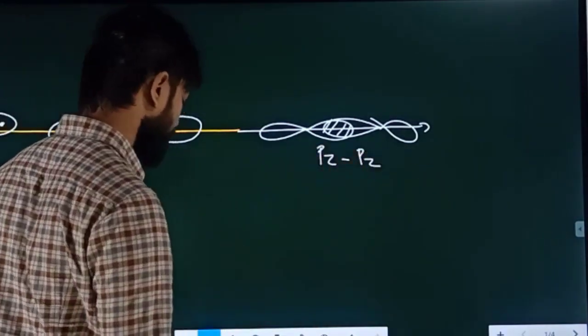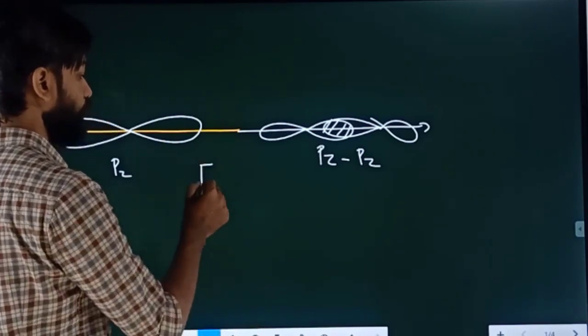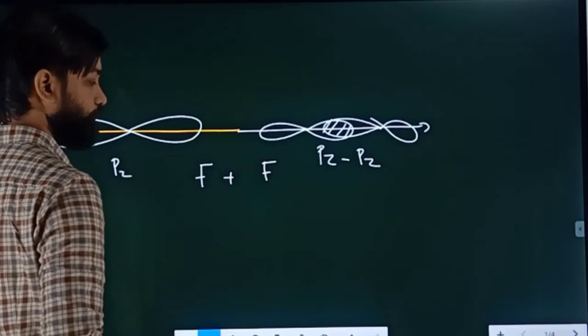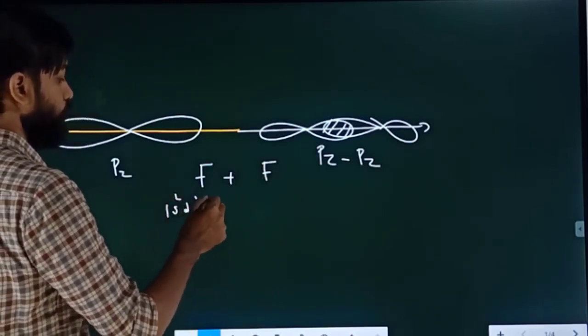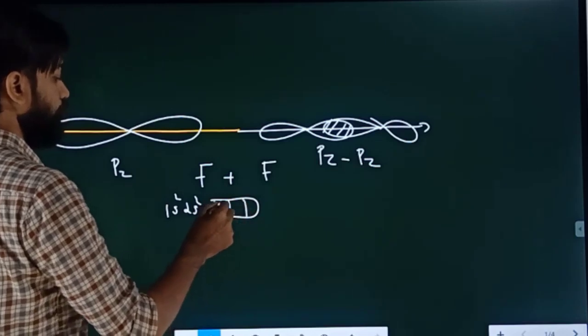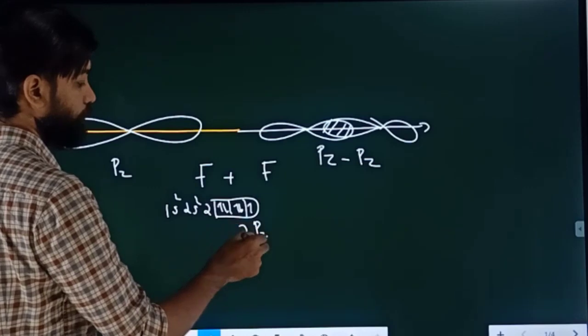So we can see the pz-pz sigma bond in the case of fluorine, F2. Fluorine has the electronic configuration 1s2, 2s2, 2pz. This is a pz.